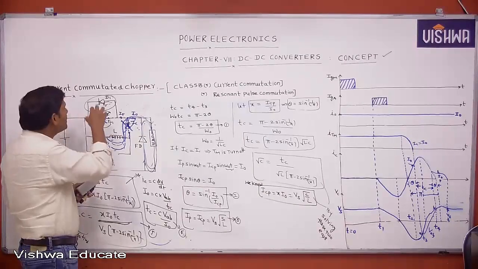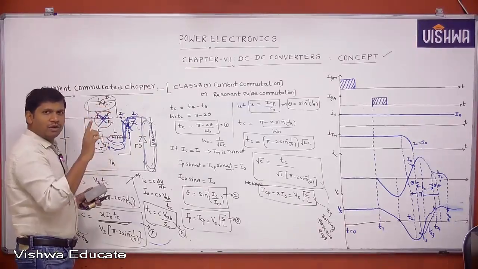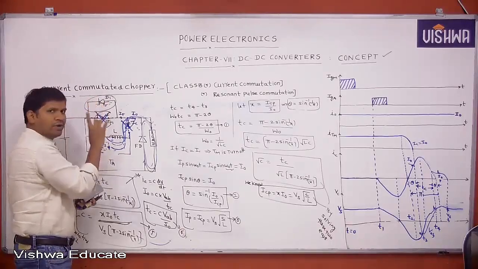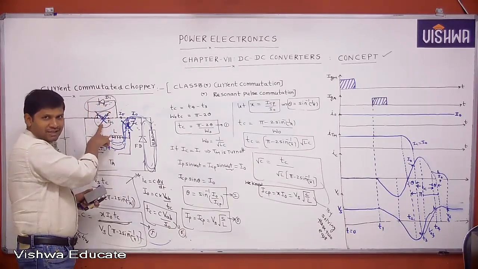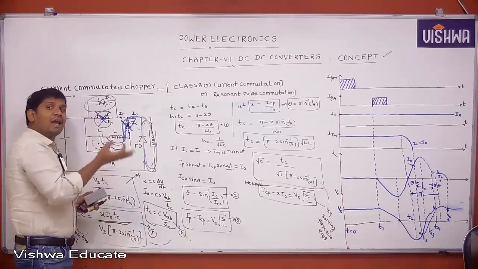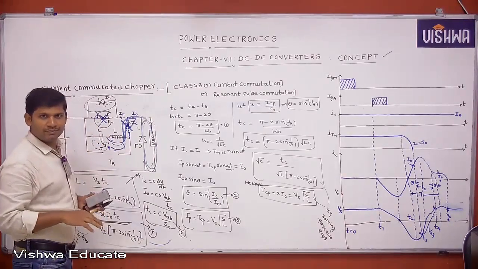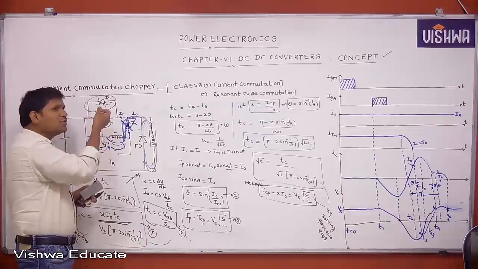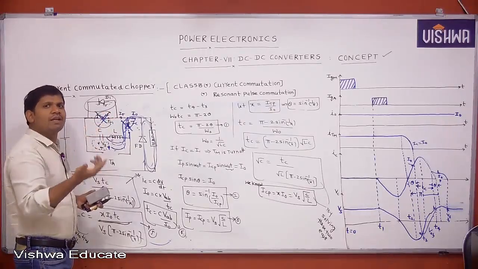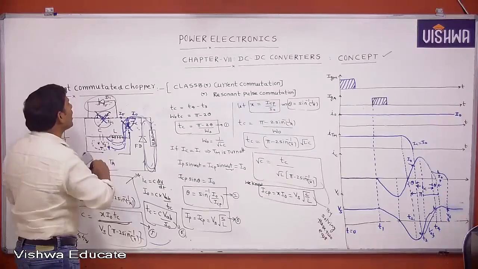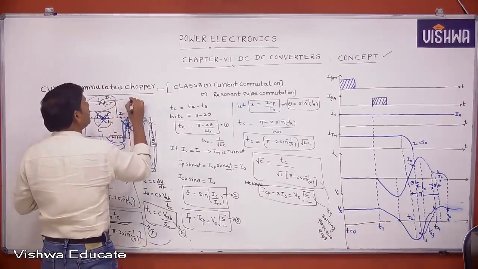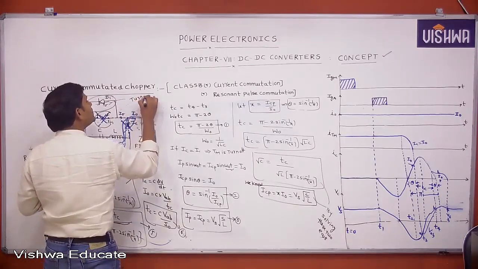That's why, a very important point, write down: due to the anti-parallel diode, the turn off time increases. But the advantage is that turn off power losses will be reduced, because the voltage drop is very low now.